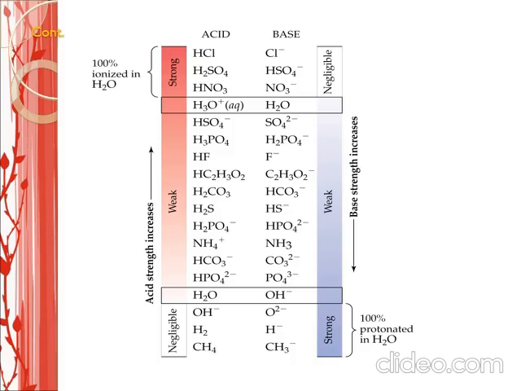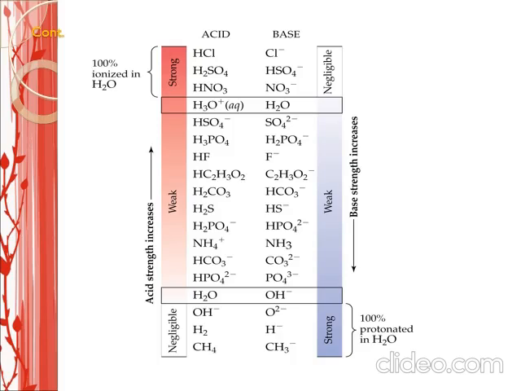Notice at the top part here, the acid is the strongest, whereas here it is considered negligible. On the other hand, if this is very strong, this becomes negligible, whereas this part here becomes very strong. And in between here, we call them weak acid and weak base.